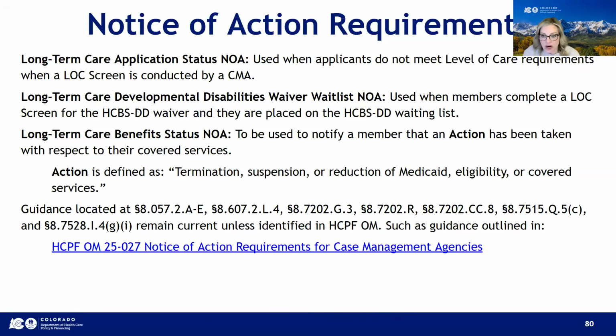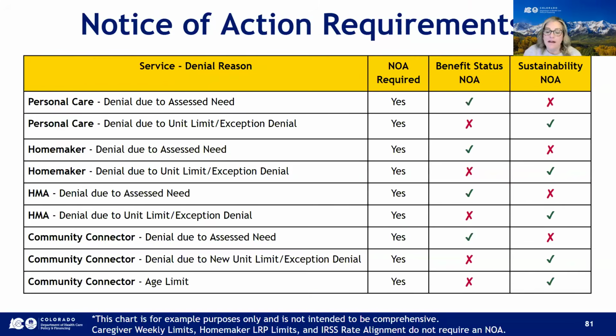We're going to take a look at a chart that shows you when you should send your typical notice of action of benefit status and or the Medicaid Sustainability notice of action. So for these actions that we have discussed here today, case managers are going to be having to choose between sending either the benefit status notice of action or the Medicaid Sustainability notice of action. The chart lets you know which one of those you should send in which circumstance.